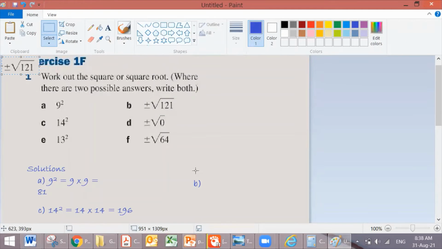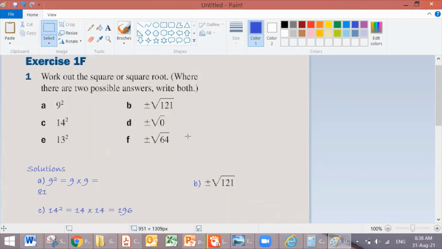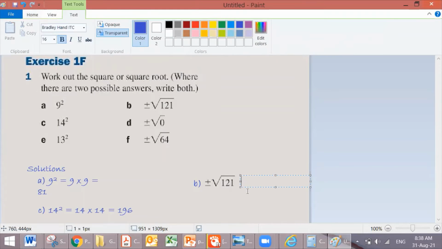I will copy and paste it here. So, okay, I have to choose 121. I will find it from the calculator. 121, and its square root is 11. Okay, so I will write it, 11. But there are two answers.